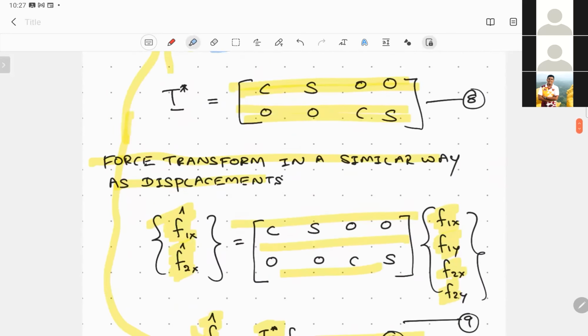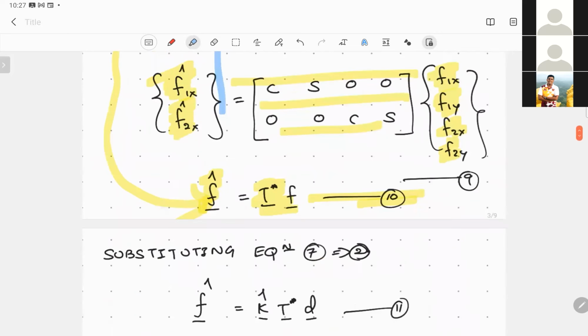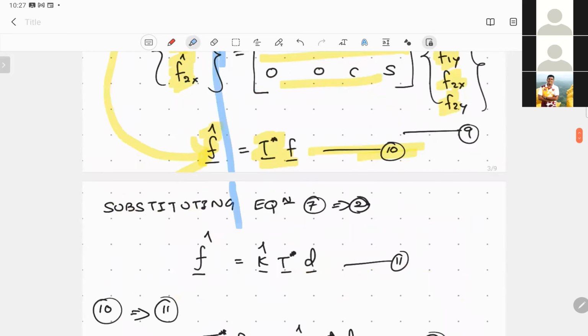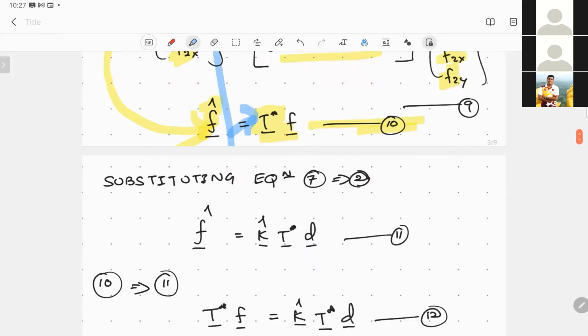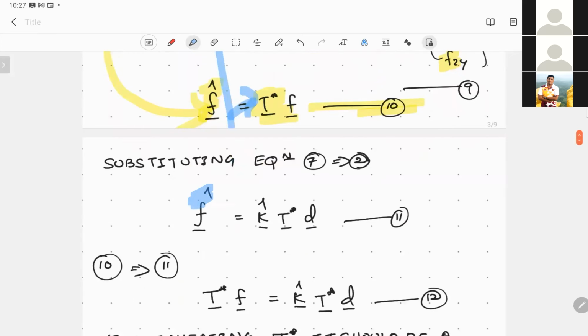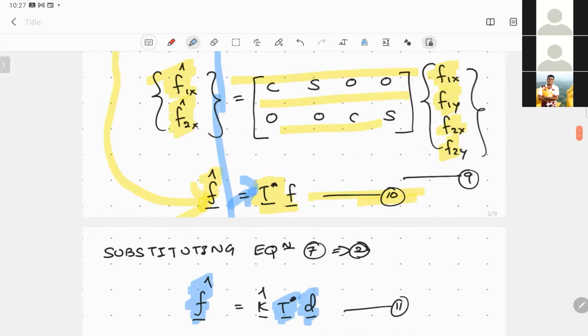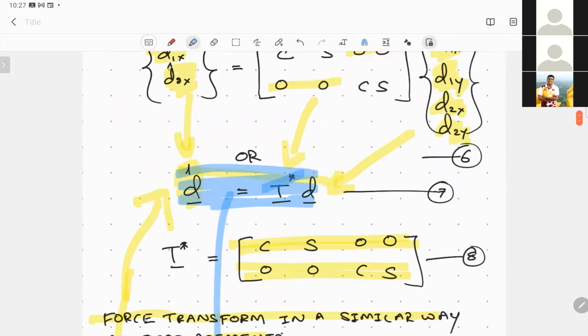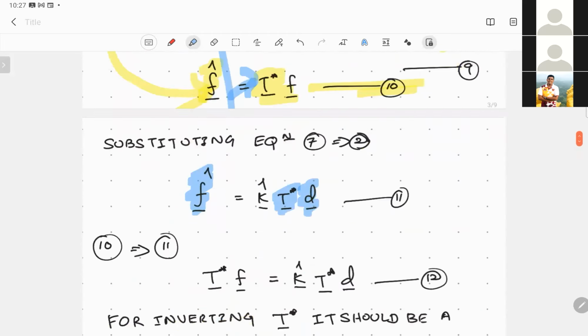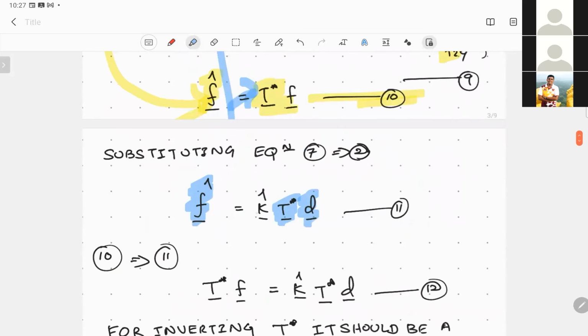So in this equation, to obtain the relationship between the local forces, I have simply substituted d hat using d hat equal to t transform times d. So here you have the k hat matrix.